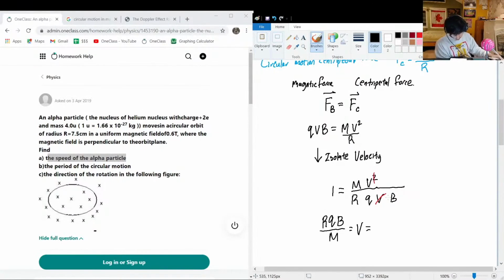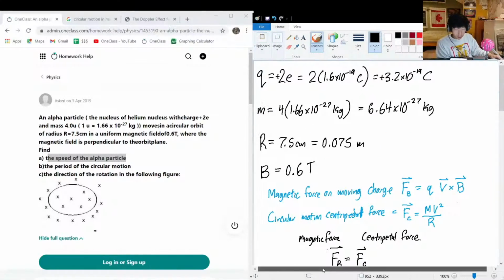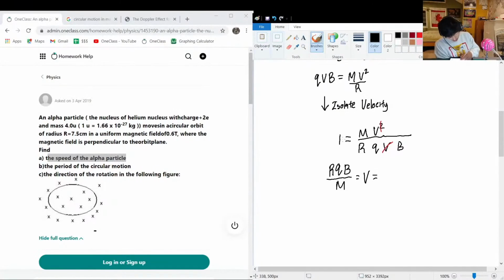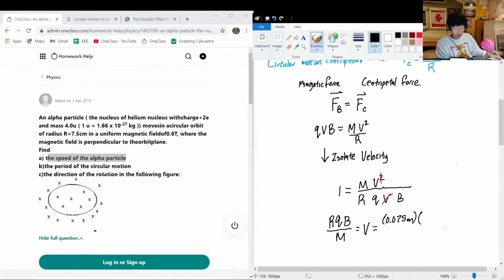Okay, now we had all these values initially. Our r value was 0.075 meters. Our q value is going to be 2 electrons, but positive, so 3.2 times 10 to the negative 16 coulombs.